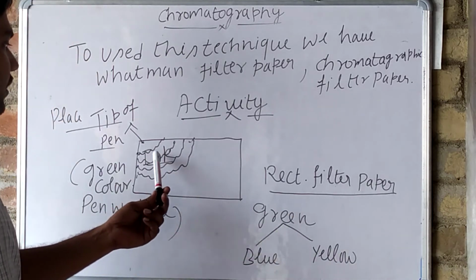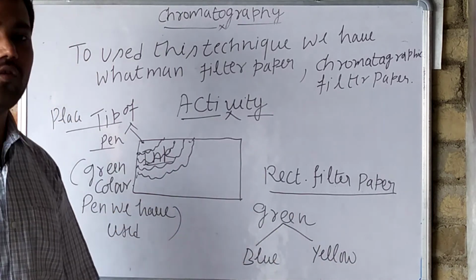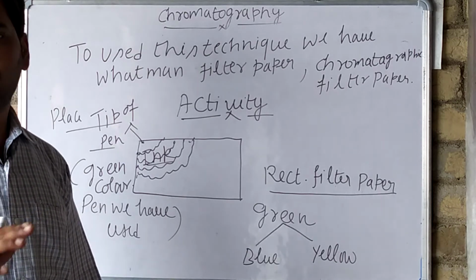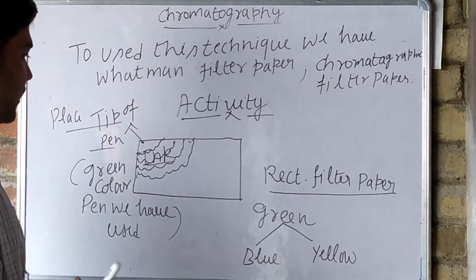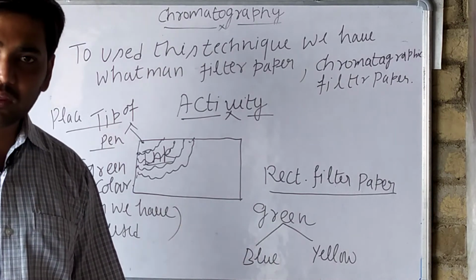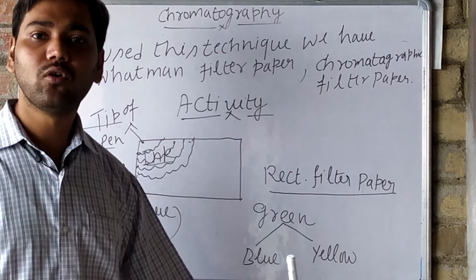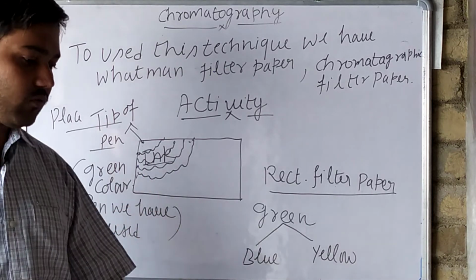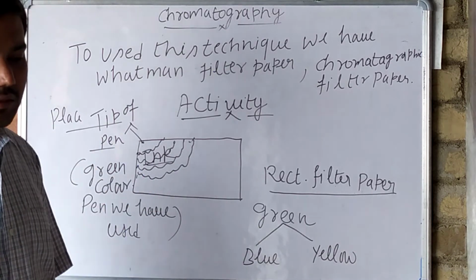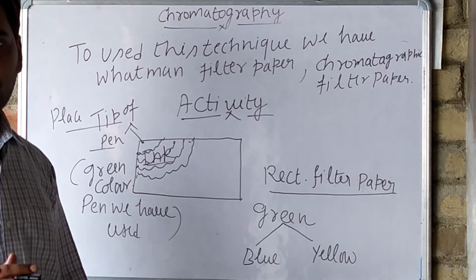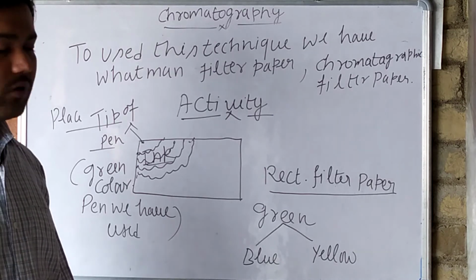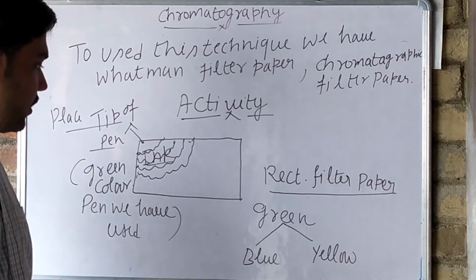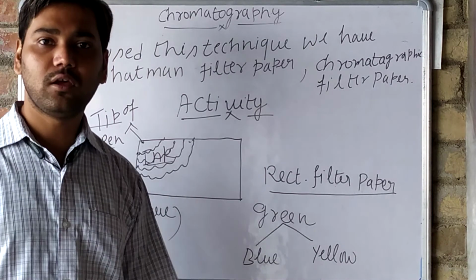You will see this on the rectangular filter paper, not on the solvent. In the water it will not be visible; these two colors, blue and yellow, will be visible on the rectangular filter paper itself.